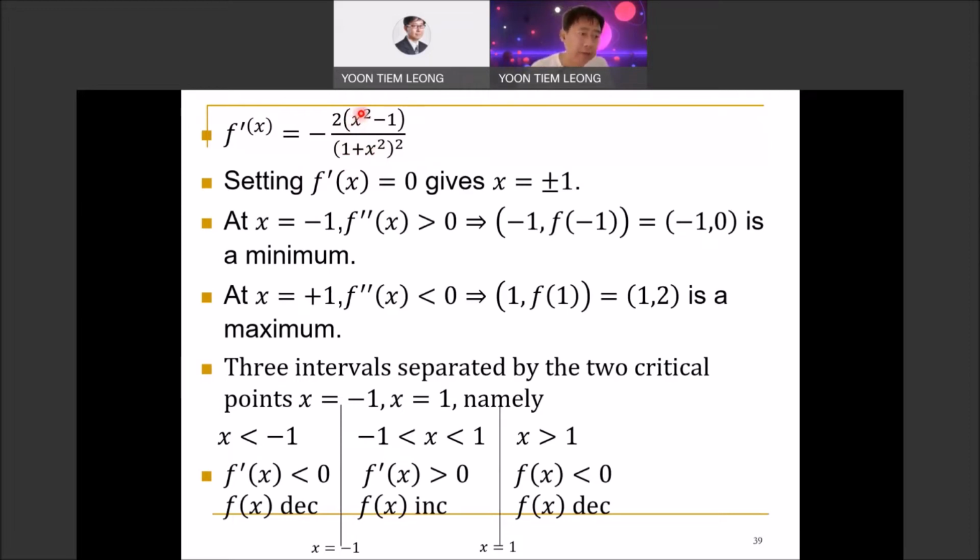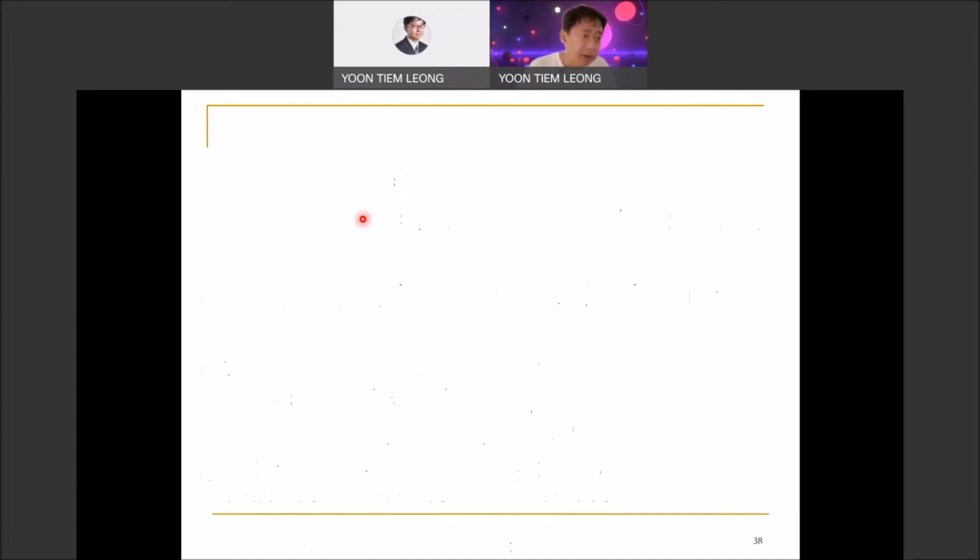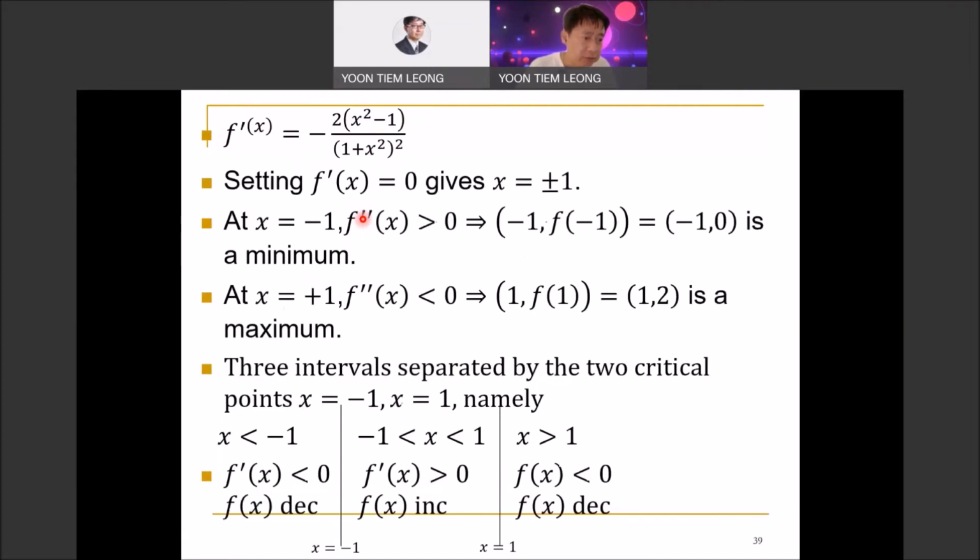Then you check the sign of f double prime at x equals minus 1 and at x equals 1. You put these into the expression of f double prime. F double prime has a complicated expression. I don't know what it is, I forgot already, but you can easily do this. I should have written down the f double prime.